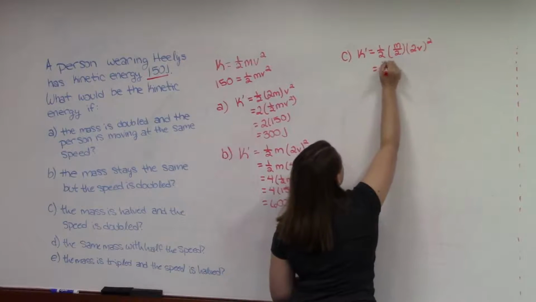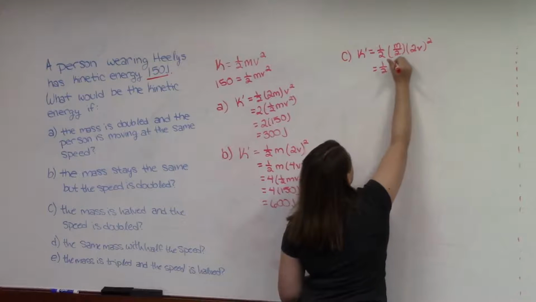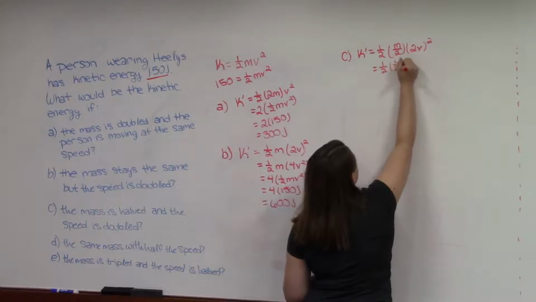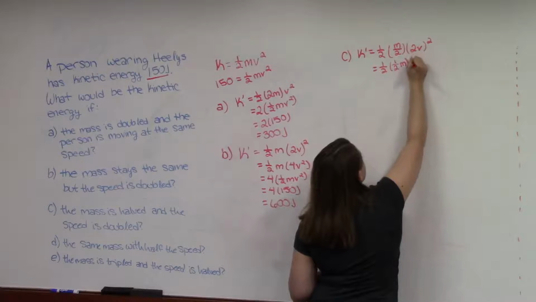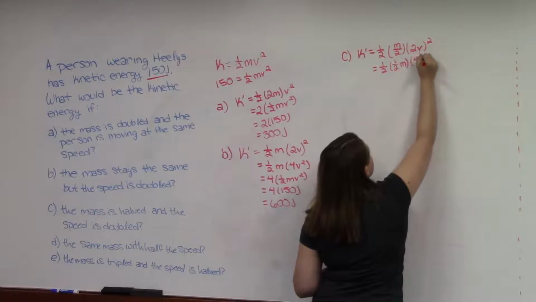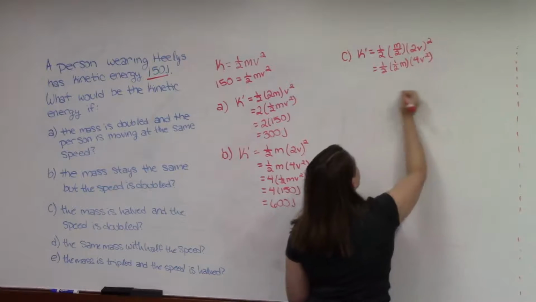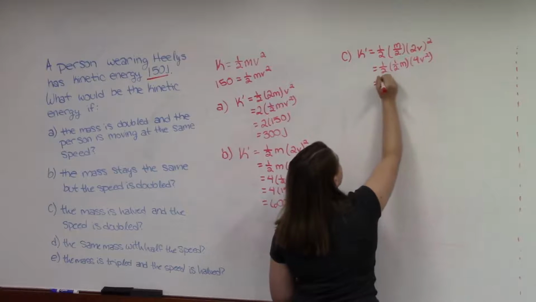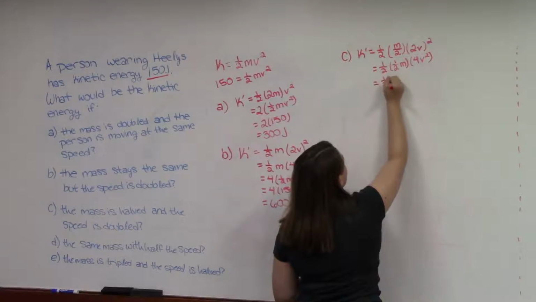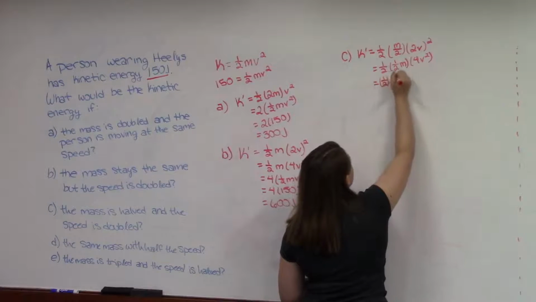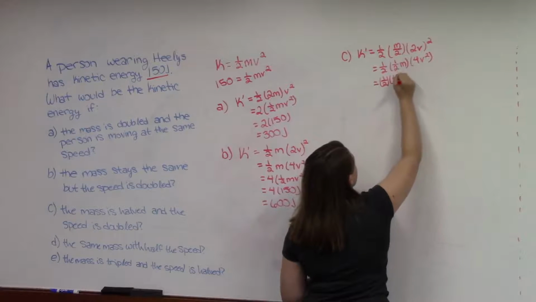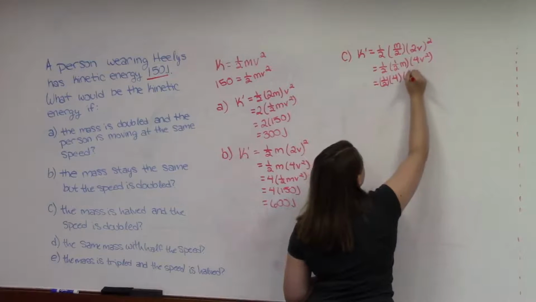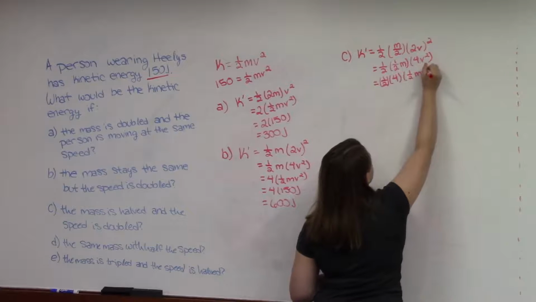That gives us 1/2 times 1/2 m times 4v squared. So here we can pull out our 1/2 and our 4, and we have our 1/2 mv squared left.